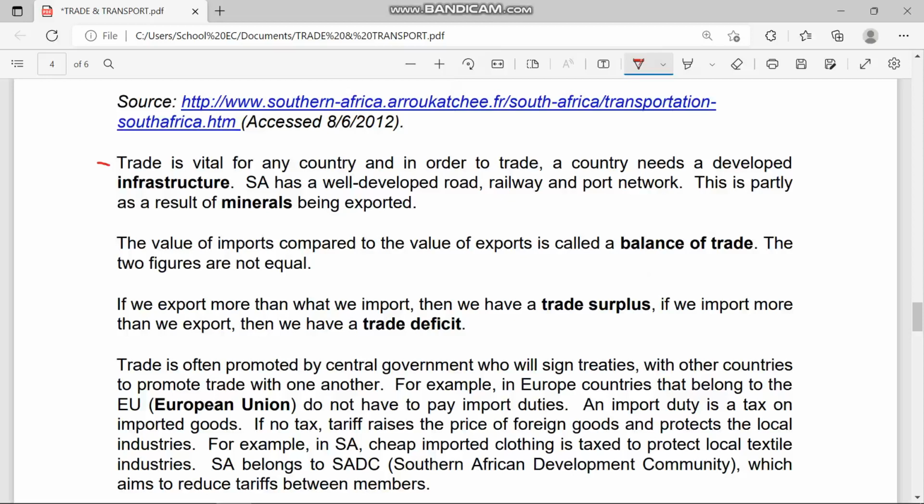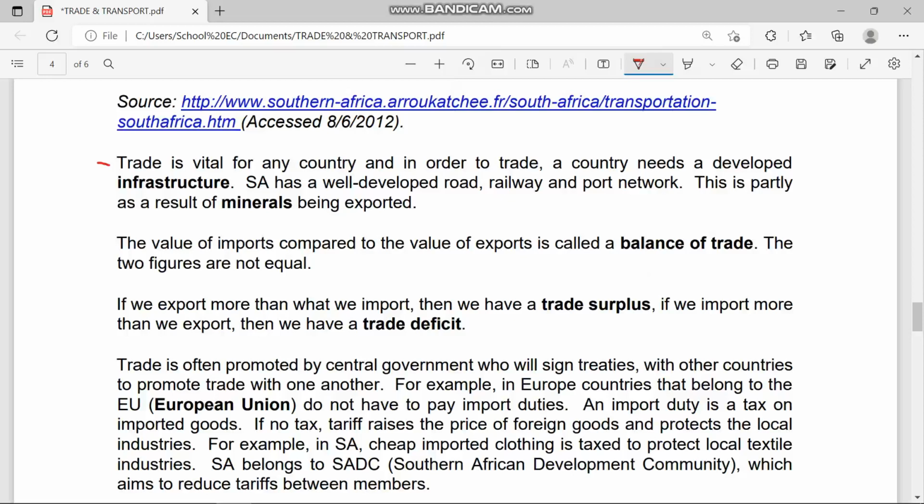This basically means that if you as a country want to trade, you must build industries, have well-developed ports, developed roads, developed railways, and have ships. That is part of the infrastructure here in South Africa.